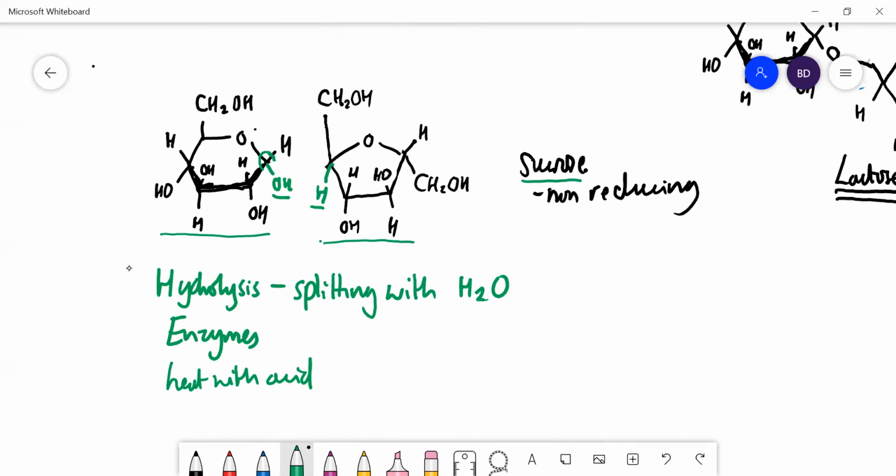But if you've got some sucrose and you boiled it up with acid for a while, you would end up with some glucose, that's this monomer here, and some fructose. And you can do an experiment with that. If you get fresh sucrose, test it with Benedict's, no reaction because it is not reducing. But then you heat it up with acid and hydrolyze it. It will react with Benedict's because now you've made some glucose, and that will give a positive test with Benedict's.